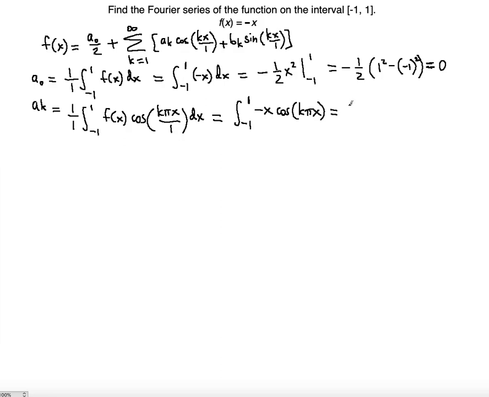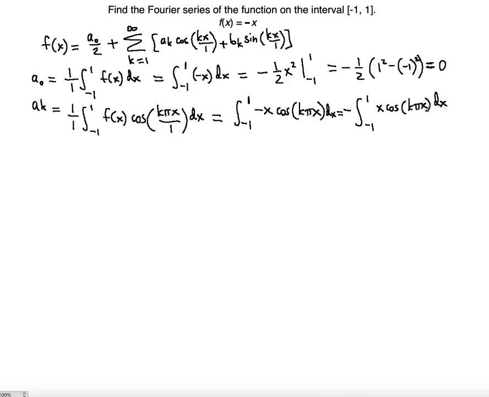So then from -1 to 1, we're going to have x cosine of, oh, sorry, I forgot the dx there. I just decided to take the negative out. So negative x cosine of k pi x dx.